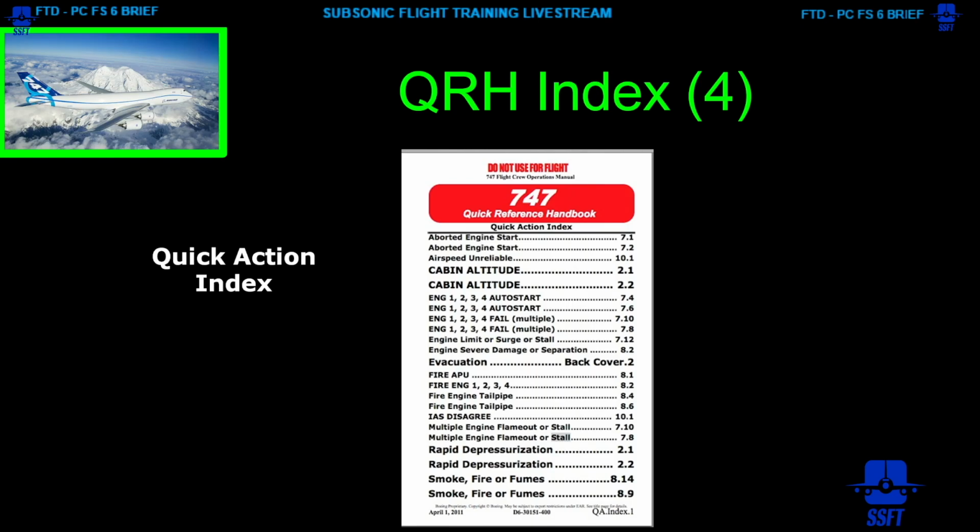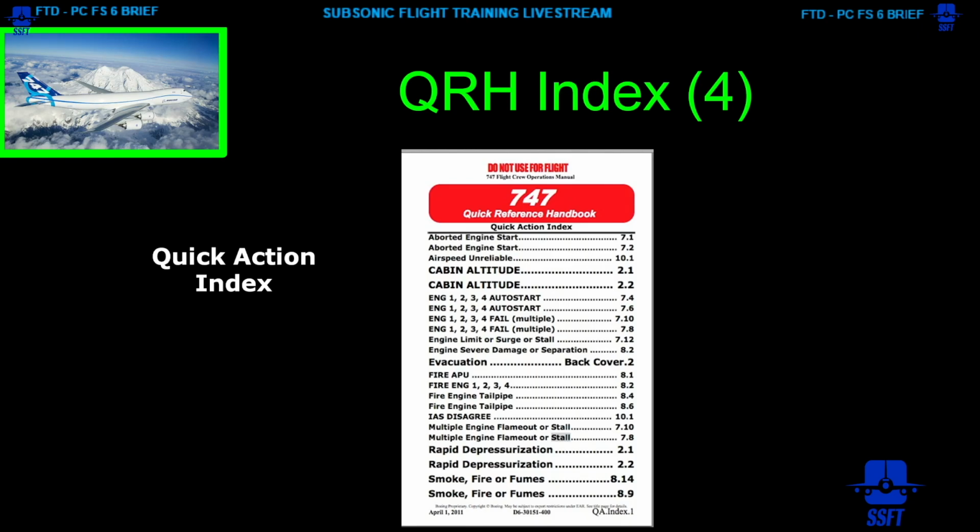You'll also notice the font is different. The cabin altitude's in bigger font than engine 1, 2, 3, 4 auto start. Evacuation is in bigger font. IAS disagree is in bigger font. The rapid depressurization, the smoke, fire, fumes are in big font. Actually, the IAS disagree doesn't look like it's big font, it's just all caps.